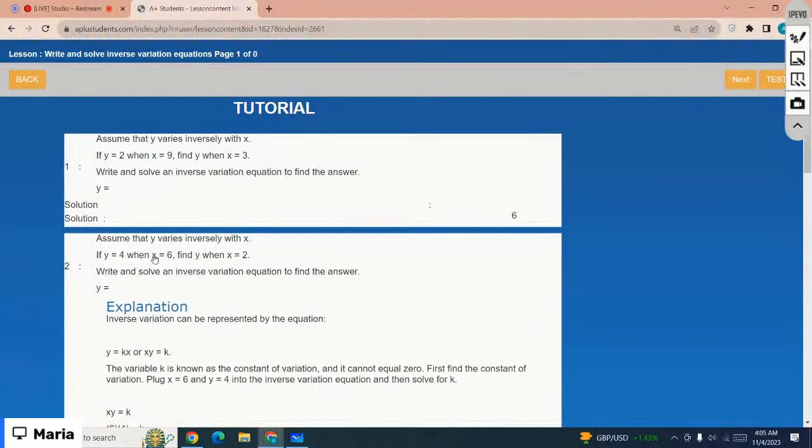Assume that y varies inversely with x, right? Basically, inverse proportion or inverse variation means if one of the values is increasing, the second value is decreasing.